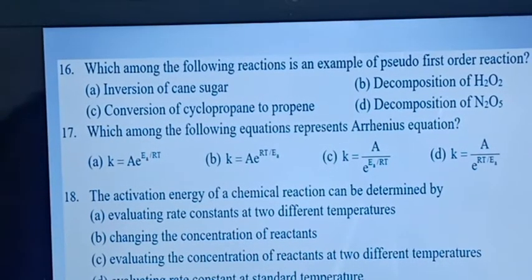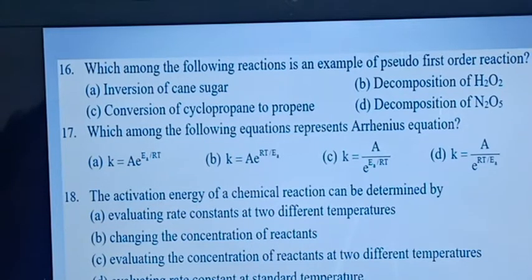So question number 16. It is just a direct memory based question, reasoning type of question. Which among the following reaction is an example of pseudo first order reaction? Given four options: inversion of cane sugar, decomposition of H2O2, conversion of cyclopropane to propene, decomposition of N2O5.